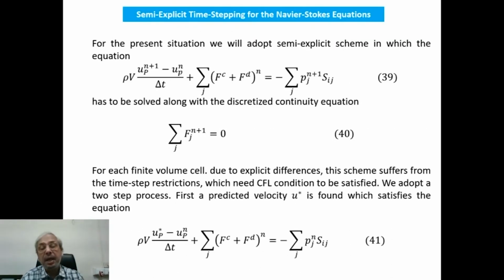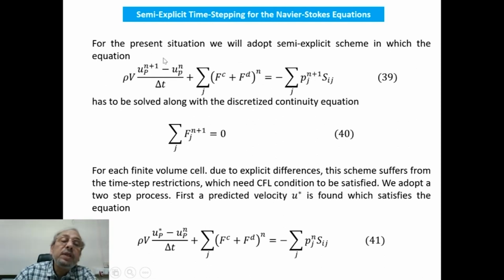Now having done that, if you look into the Navier-Stokes equations, we have evaluated the convective diffusive fluxes at the time level n, that means at the current time level in all the cells. We have calculated the pressure terms, but for pressure terms also we have used nth level pressure, but ideally it should have been n plus 1th level pressure.